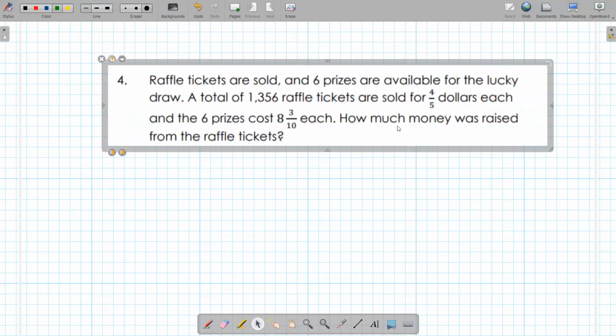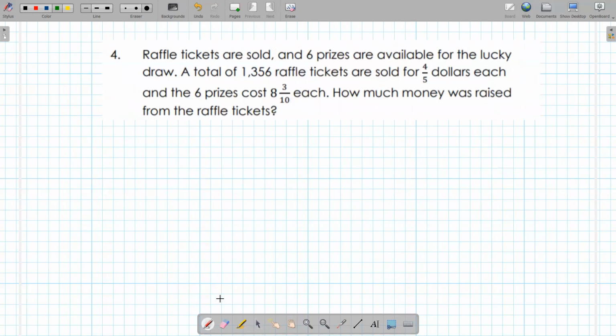What about this? 6 prizes are available. A total of 1356 raffle tickets are sold for $4 each, and the 6 prizes cost $8 and 3/10 each. How much money was raised?